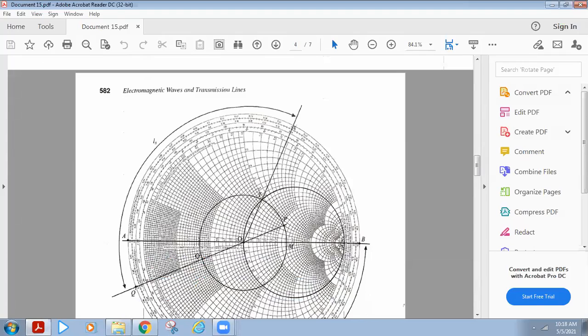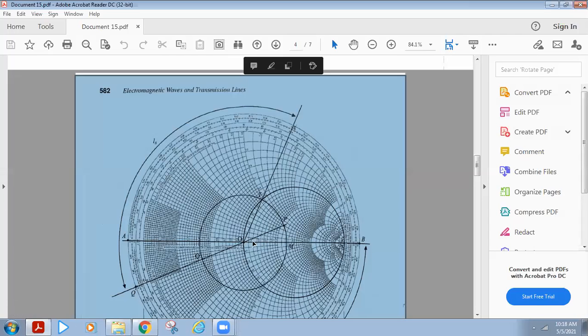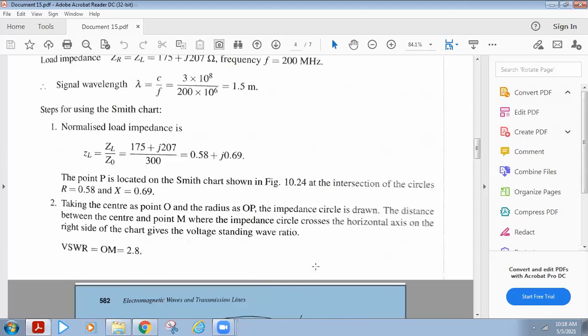See here, R circles and X circles. Actually this is the polar plot, or Smith chart. Here I am drawing the R circles and X circles. This is an intersection point, and this is also an intersection point.